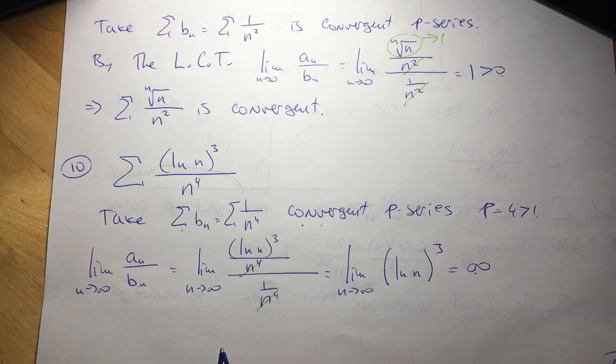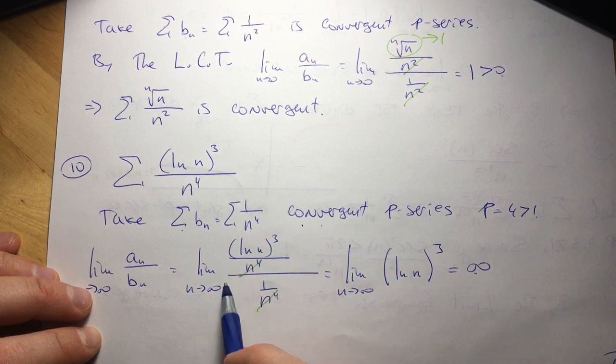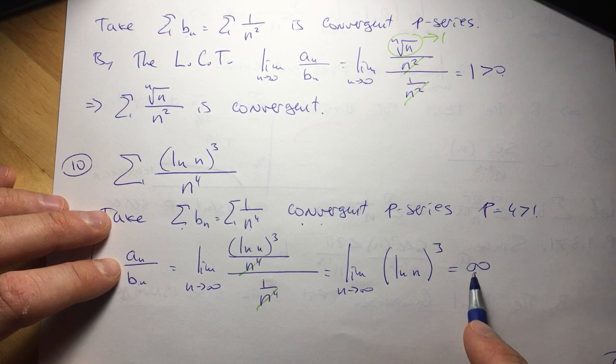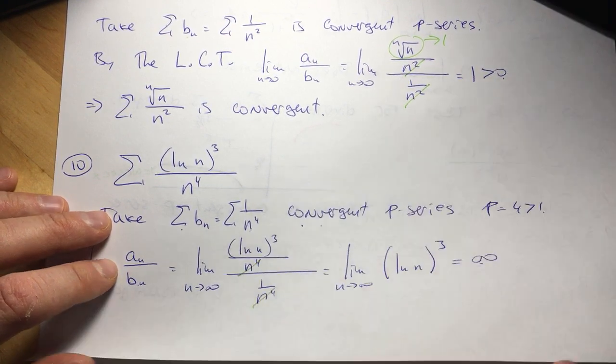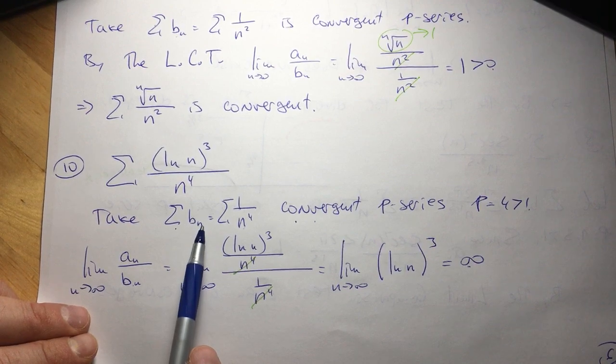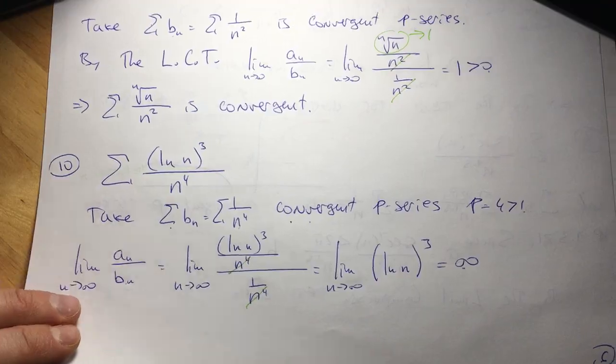I need to change this series somehow so that this limit is either going to be 0 or some constant, definitely not infinity. So as you can see, sometimes our choice of bn is not as we expected. It's not always take the highest exponent in the denominator.